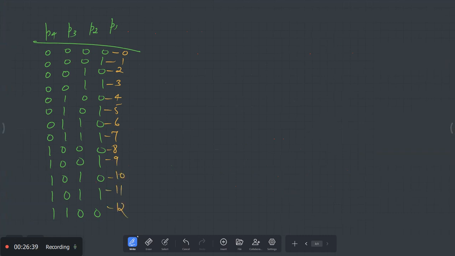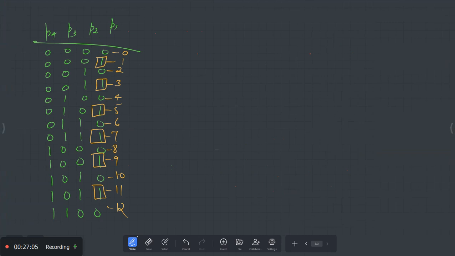So what are the combinations to be taken for getting P1 now? 1, 3, 5, 7, 9 and 11. Now, what are the combinations you have to take for P2? 2, 3, 6, 7, 10, 11.